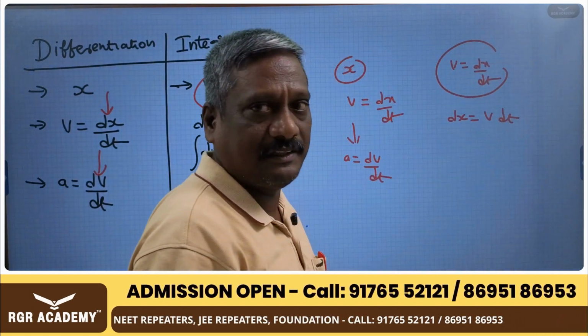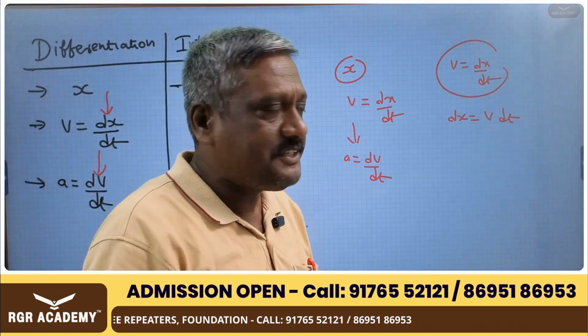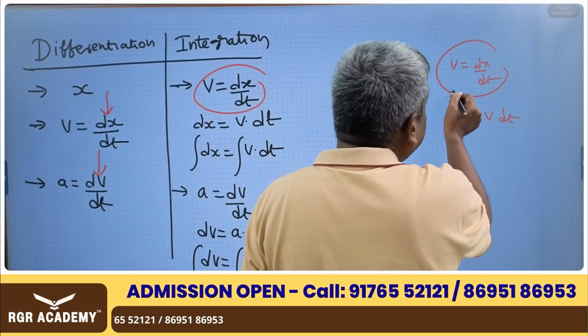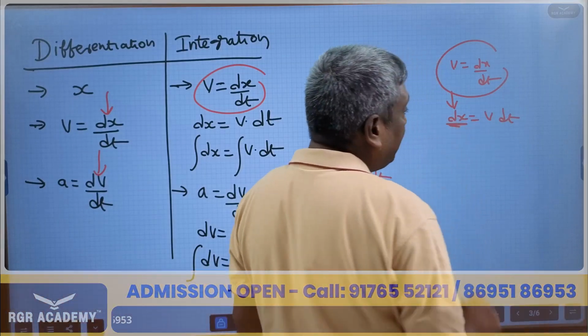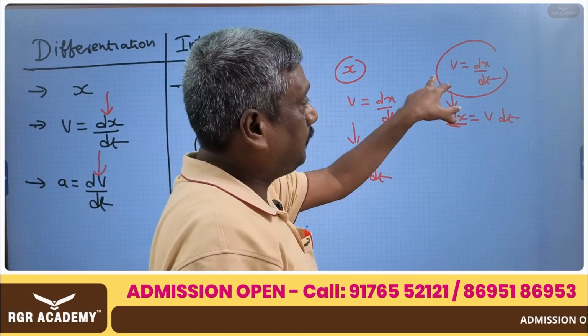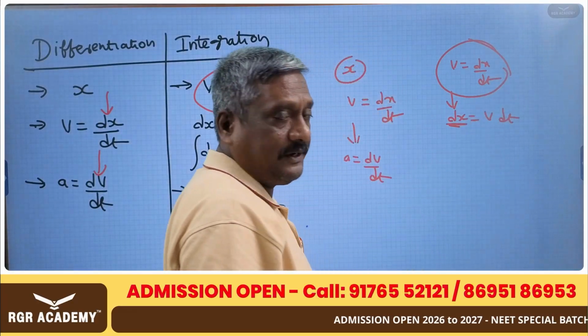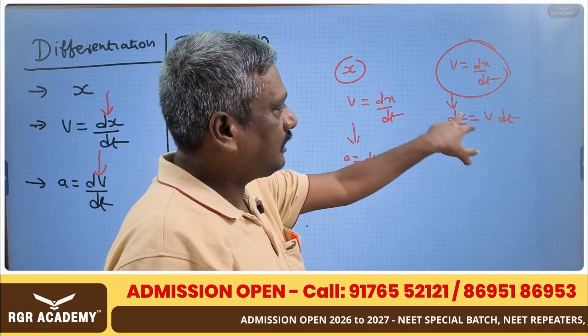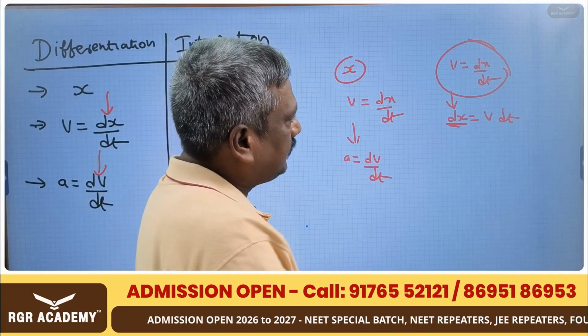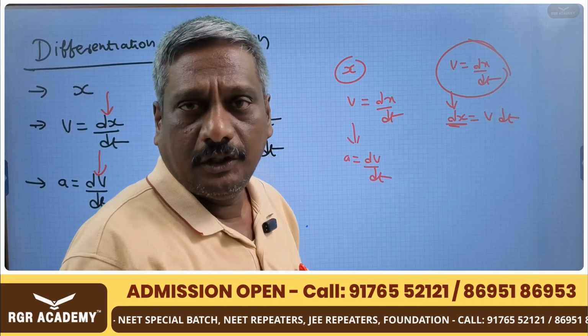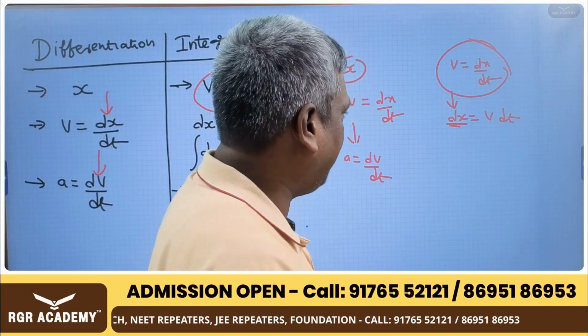Observe carefully. Compare with differentiation, integration is quite reverse. From velocity you get the distance traveled. By taking the velocity definition, v is equal to dx by dt, do the cross multiplication. Therefore dx is equal to v into dt. Now do the integration on both sides.